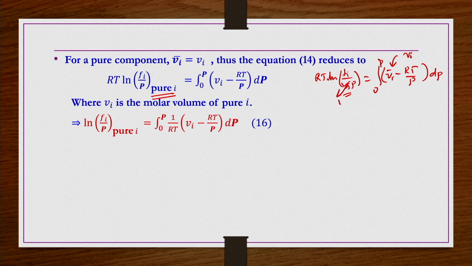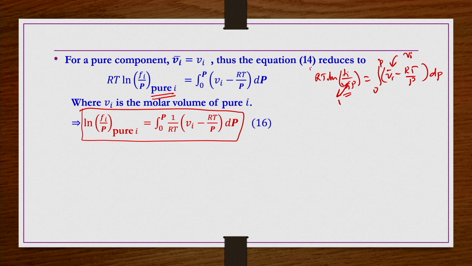So, this is the equation: ln (fi by P) of pure i is equal to the integral from 0 to P of 1 by RT (Vi minus RT by P) dP. If you wanted to know the fugacity coefficient or fugacity of pure component i, which is non-ideal, this equation we have to use.